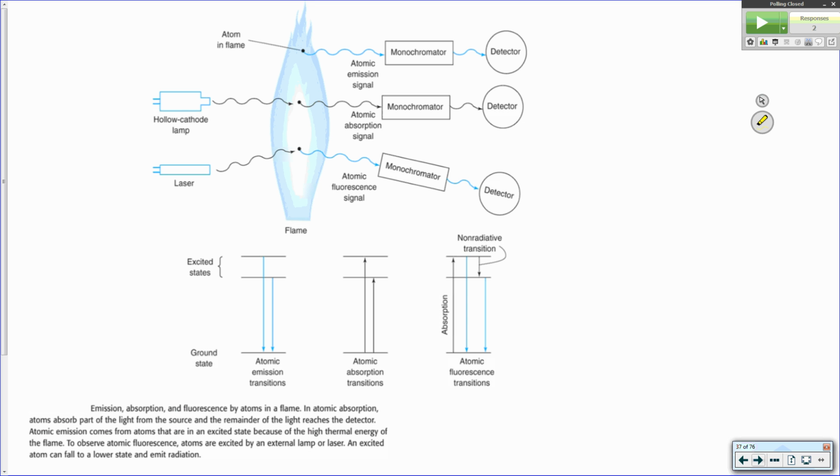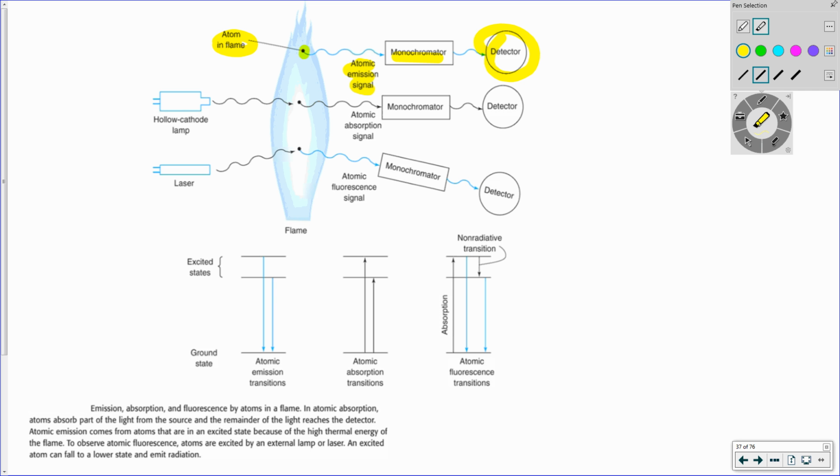All right, so if we now look at the different types of analysis and compare back to the different ways that we can do these, we can look at emissions. So if we want to do emission spectroscopy, we can just get the sample hot in the flame, it emits off a signal, and we can analyze that light and take it into a detector. So this is flame emission spectroscopy, and these are labeled down in the bottom.